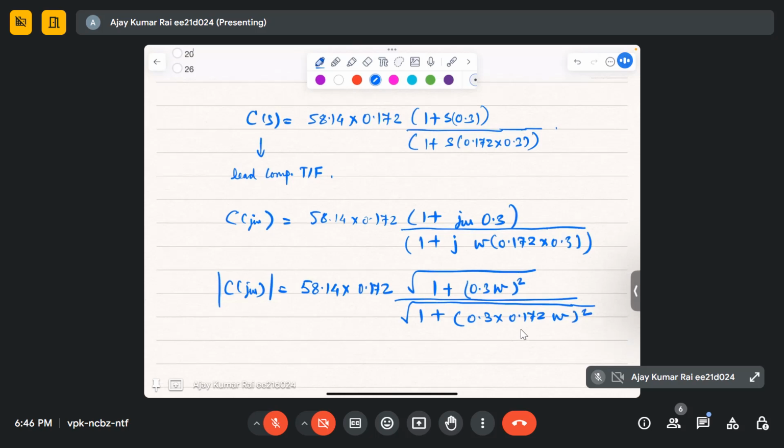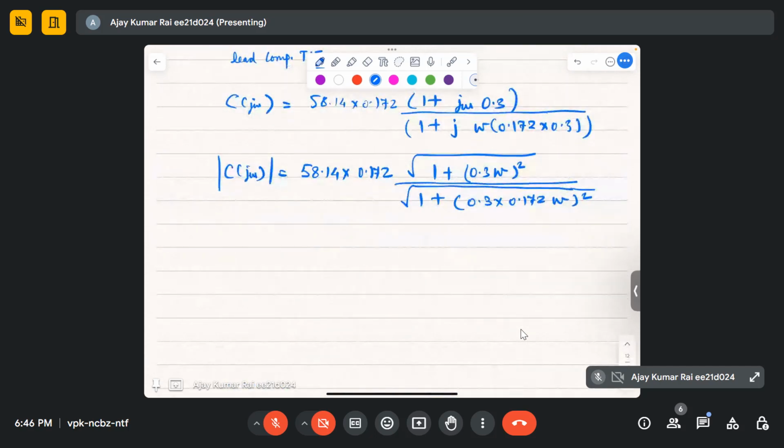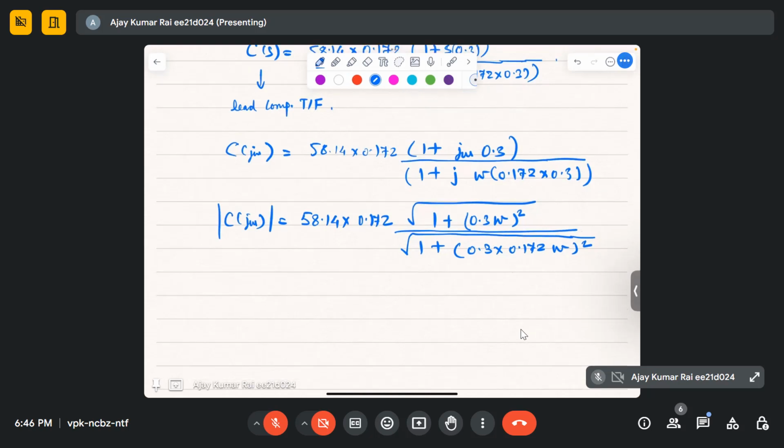Okay, so this is the magnitude, right? What we are asked is the low frequency magnitude of the compensator frequency response. So for low frequency, we neglect the omega term as compared to 1.